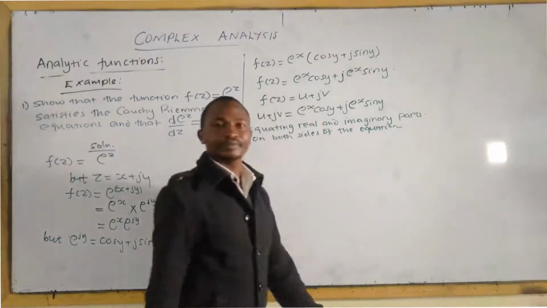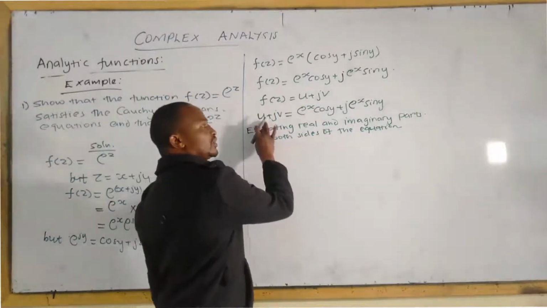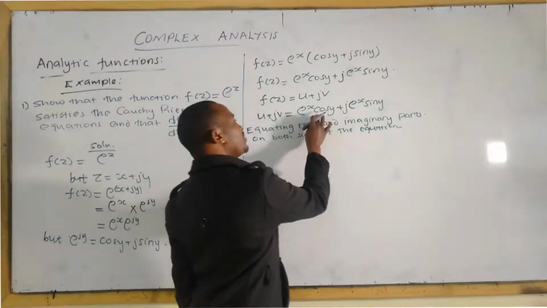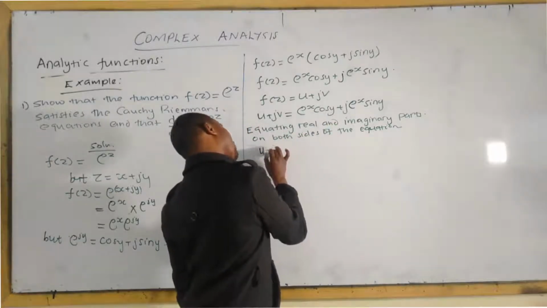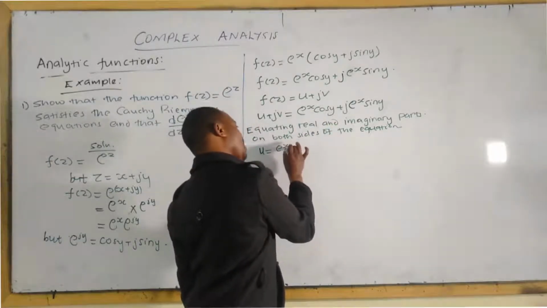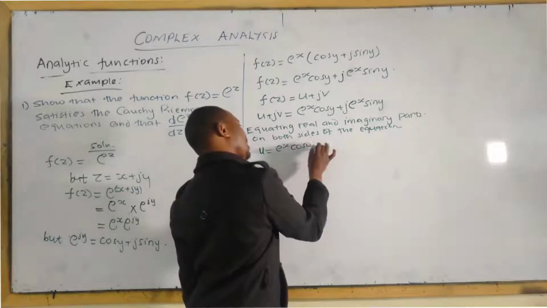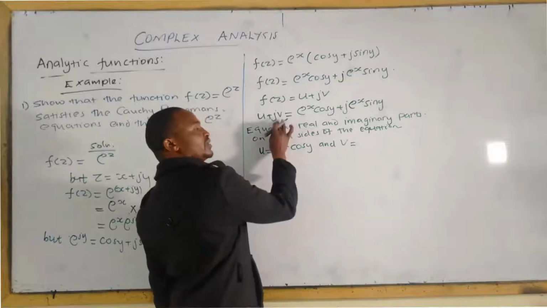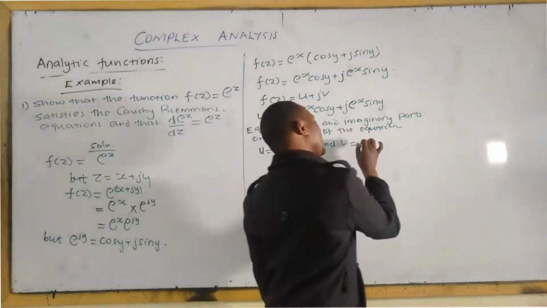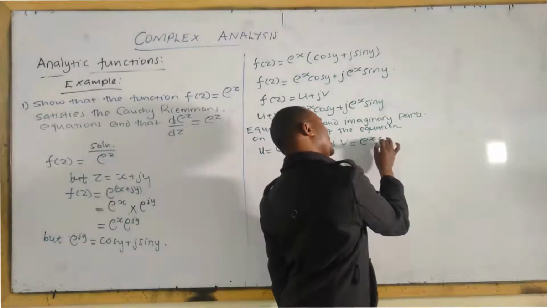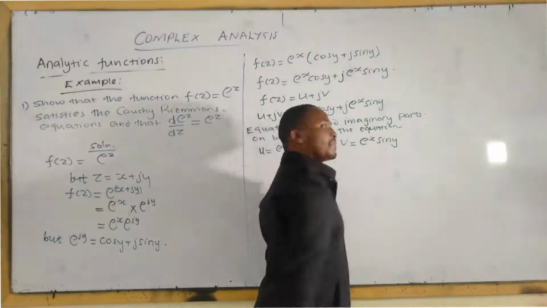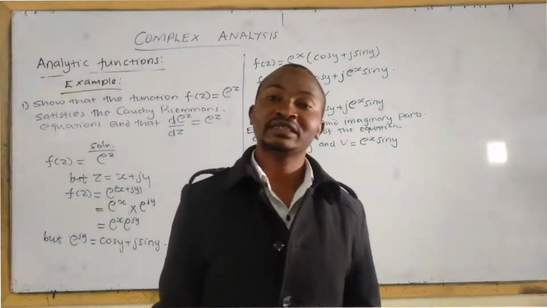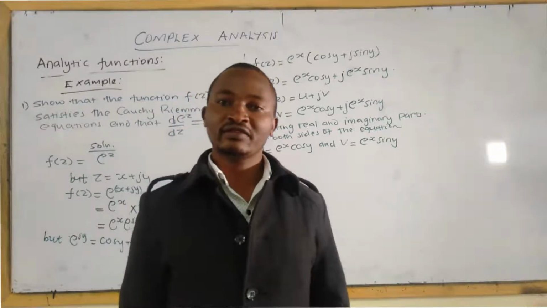Equation will be u is equal to what? U is real, equated in the real part. U is equal to exponential x cos y and v is equal to, with the imaginary part, exponential x sin y. Now we have managed to get the value of u and the value of v.